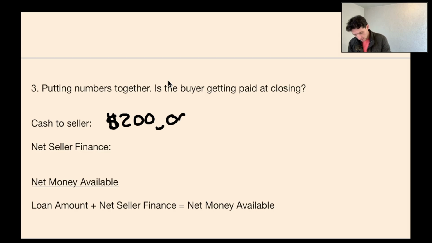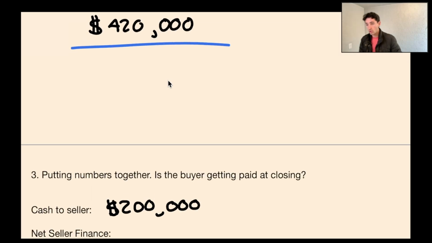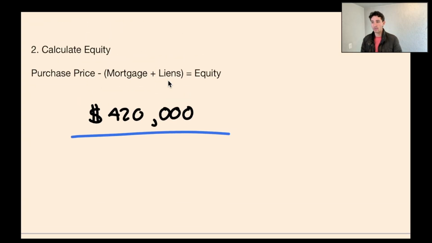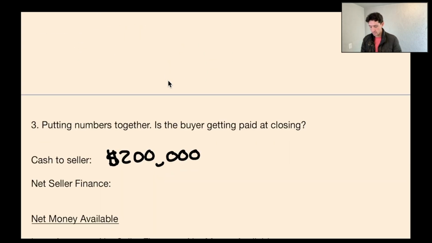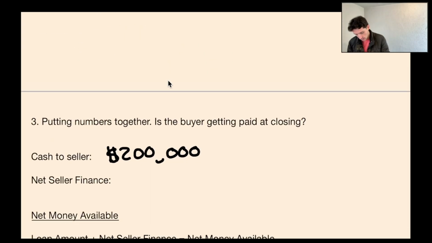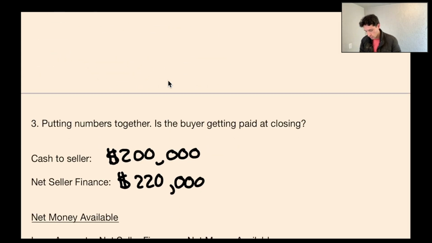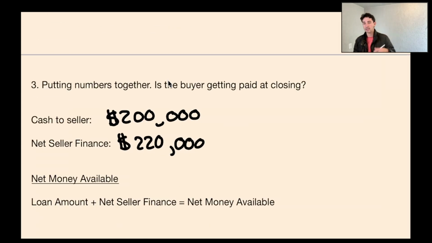This means that the $200,000 needs to come from the equity that we have on the property, which is the 420. This means that the seller finance portion is gonna be 220. Does that make sense there? 420 minus 200,000, 220,000, that is gonna be seller finance, the remaining equity.